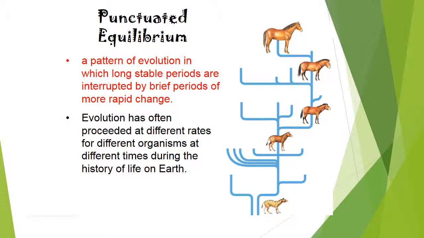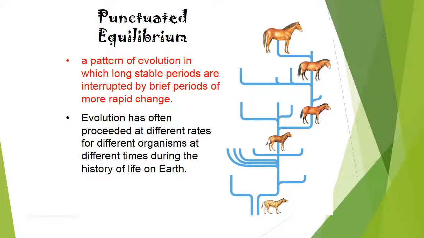So if that very small horse-like organism at the bottom of that image experienced a mass extinction, that organism might have new food sources available to it now and have to evolve. So that would account for the short period of rapid evolution. And then maybe it was content and surviving and reproducing and all those things.